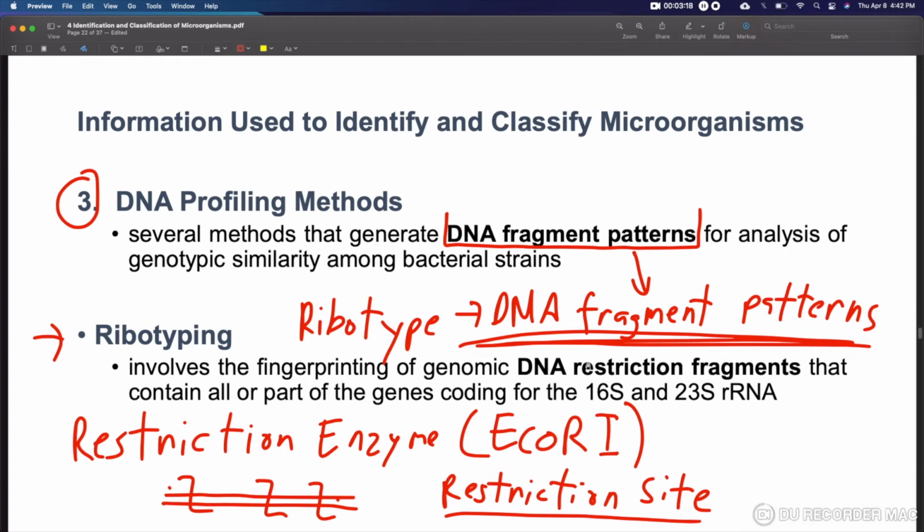And we call those fragments your DNA restriction fragments. And the specific genes that we're cleaving here is usually the 16S and the 23S rRNA gene of your organism.